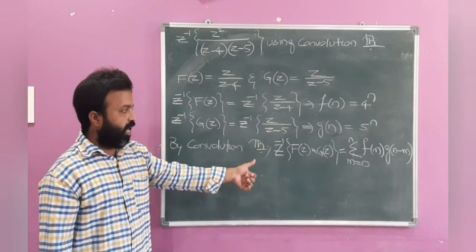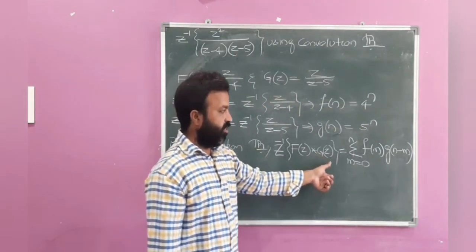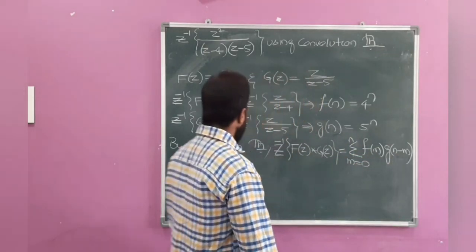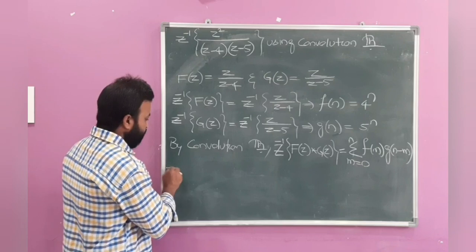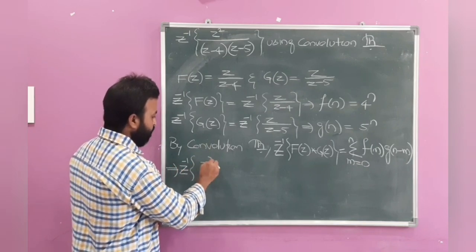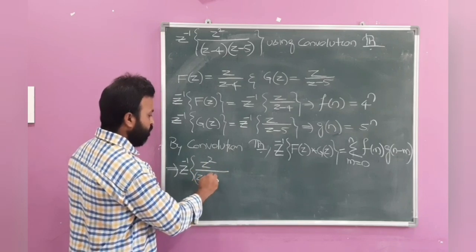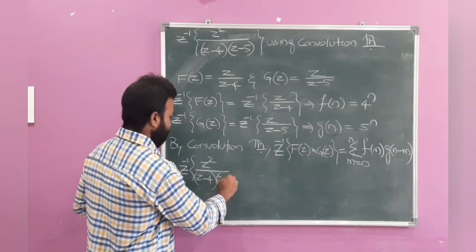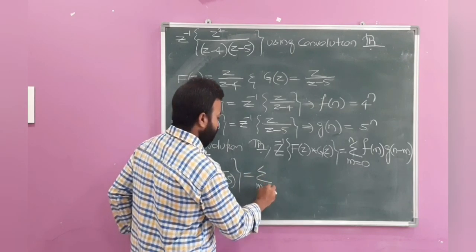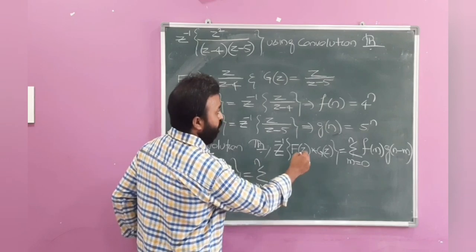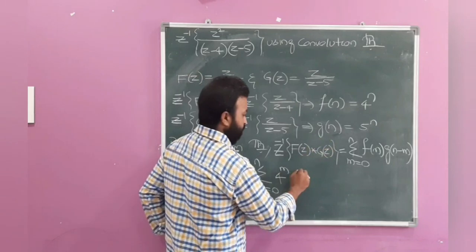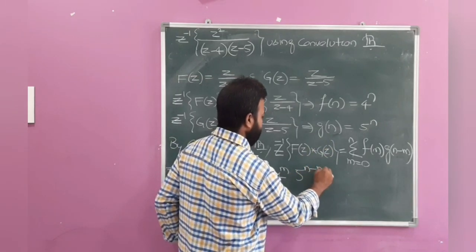By the convolution theorem, we have Z inverse of F of z into G of z equal to sigma m equal to 0 to n f of m into g of n minus m. Now, this implies Z inverse of F of z into G of z, which is z square by (z minus 4) into (z minus 5), is equal to sigma m equal to 0 to n f of m, that is 4 power m, g of n minus m, that is 5 to the power of n minus m here.